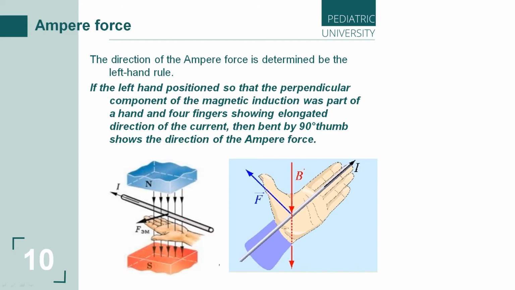Now, between the poles of the magnet, we place a conductor, this gray conductor with current I. We put it in the magnetic field, and it is acted upon by a force that we call the ampere force. This magnetic field can act on the conductor with the ampere force. We can calculate it using the following formula.